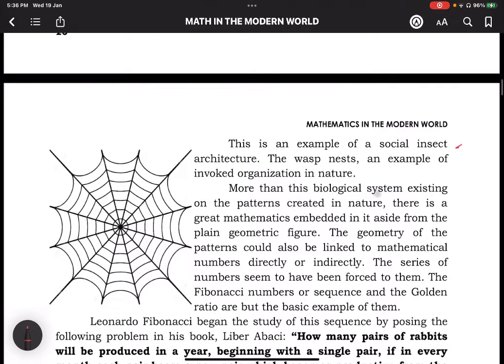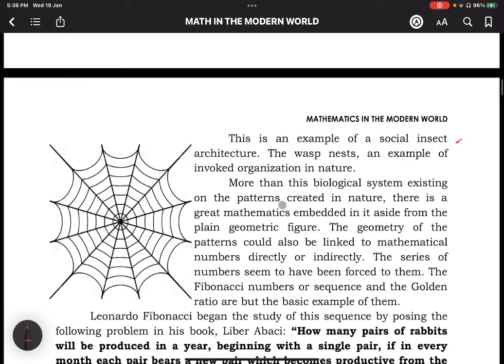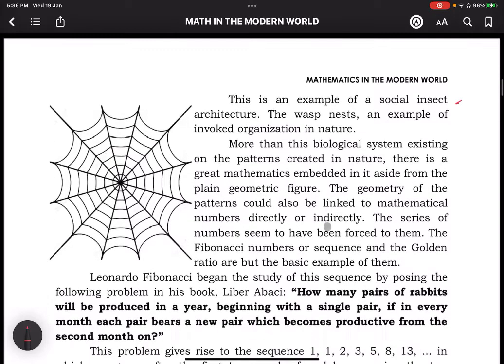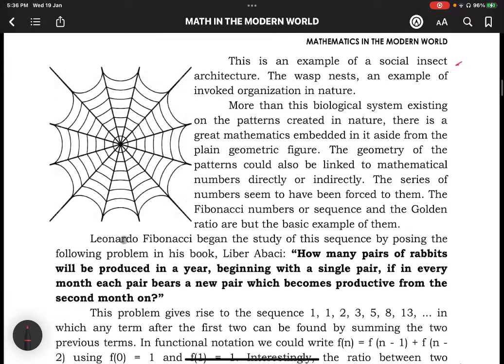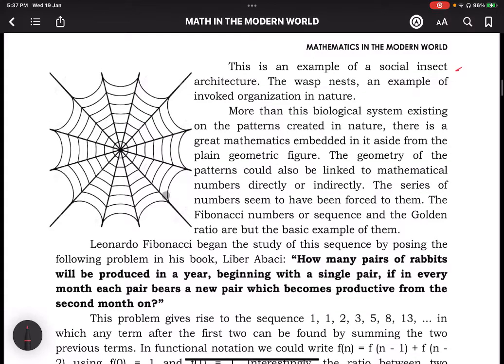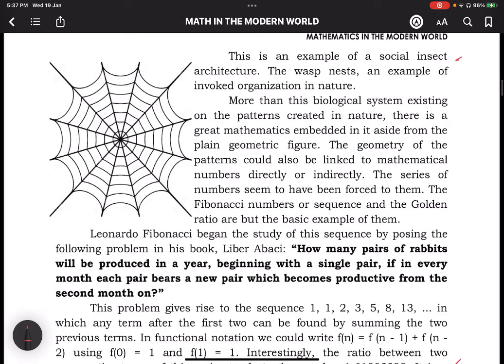So more than this biological system existing on the patterns created in nature, there is a great mathematics embedded in it aside from the plain geometric figure. Okay? So, yung in-explain natin about the Fibonacci numbers, they are included as an example of Invoke, no, organizations.